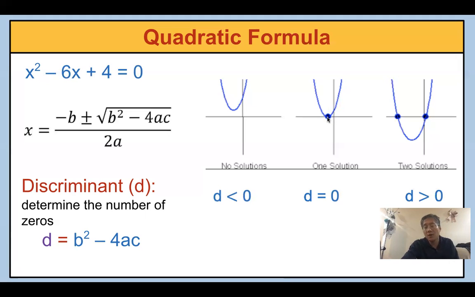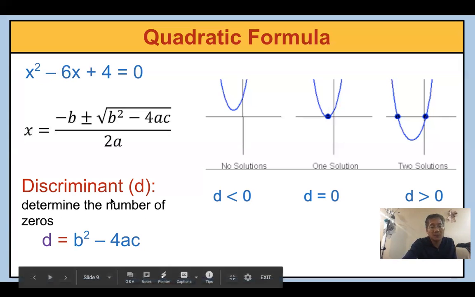So it's one solution, but twice, right? And then if this is greater than 0, you will have two separate, two distinct solutions, zeros, all right? So the discriminant is b squared minus 4ac, which is inside of the square root. You can determine how many solutions quickly, all right?